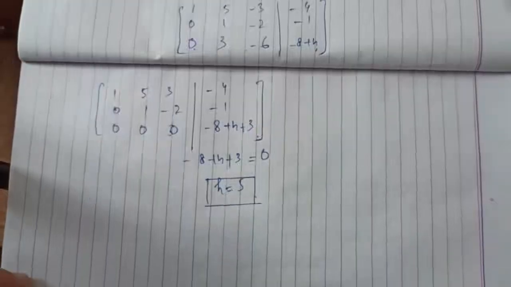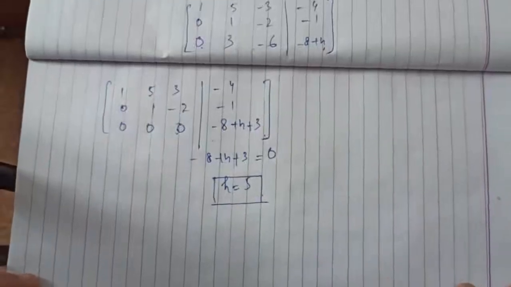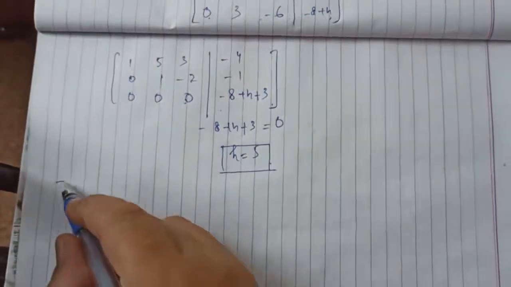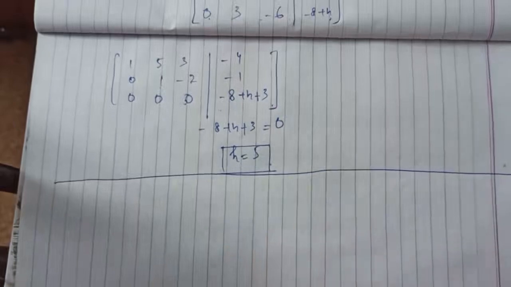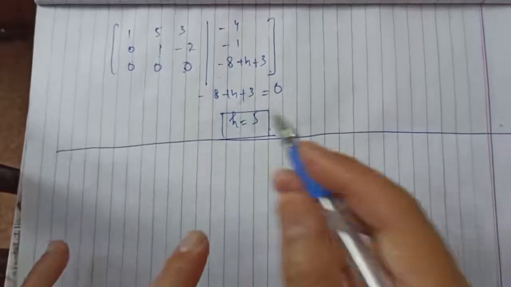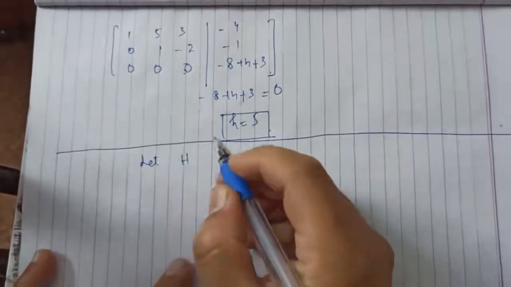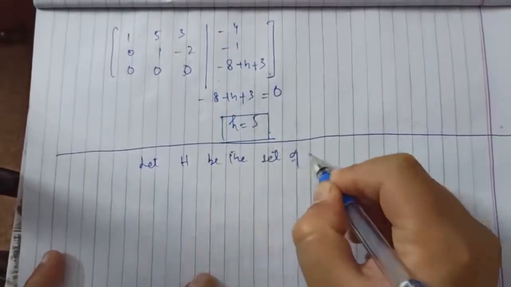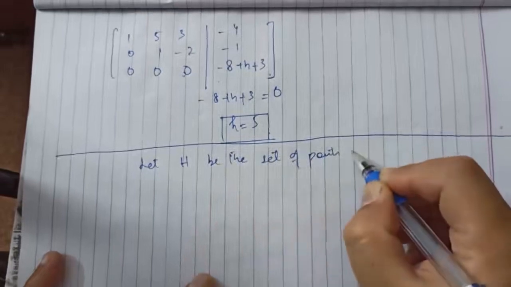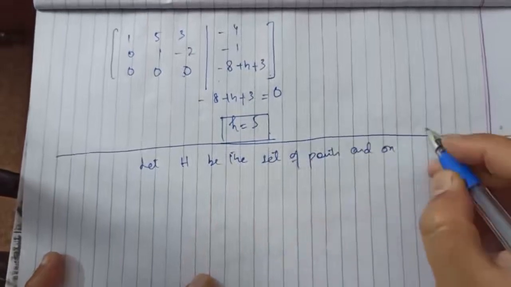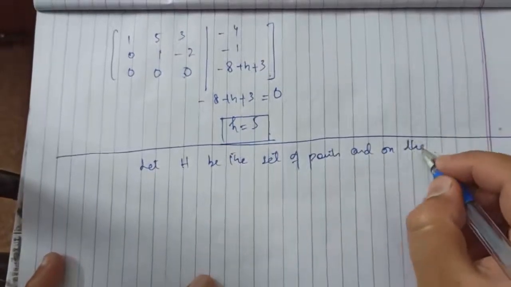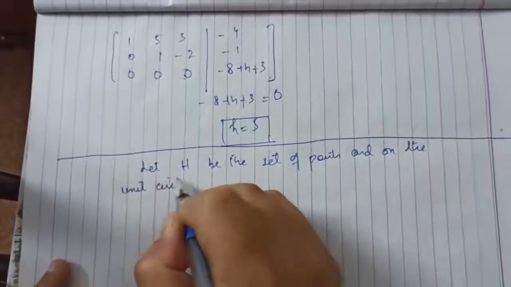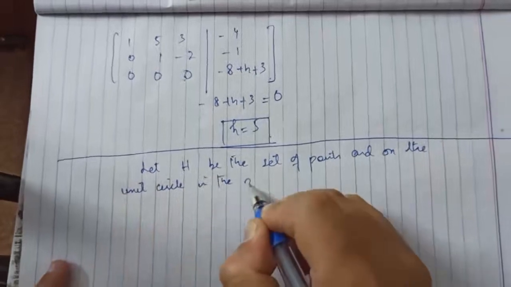so you can also do some examples of subspaces. Let's say one of the exercise problems that I'll be doing here is: let H be the set of points on the unit circle in the xy plane, right?